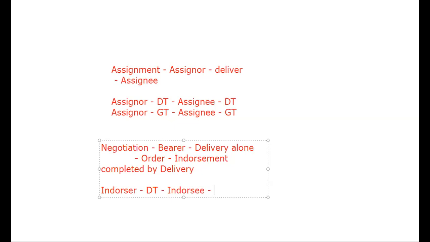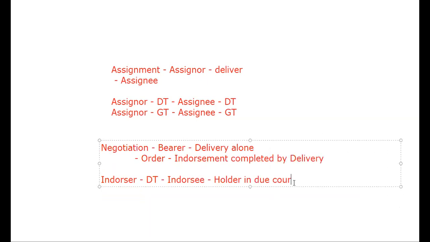It means that before you can conclude what kind of title will be transferred by the endorser to the endorsee, you have to note whether or not your endorsee is a holder in due course or a holder not in due course. So anong ibig sabihin nun? If your endorsee is a holder in due course, then the endorsee acquires good title.